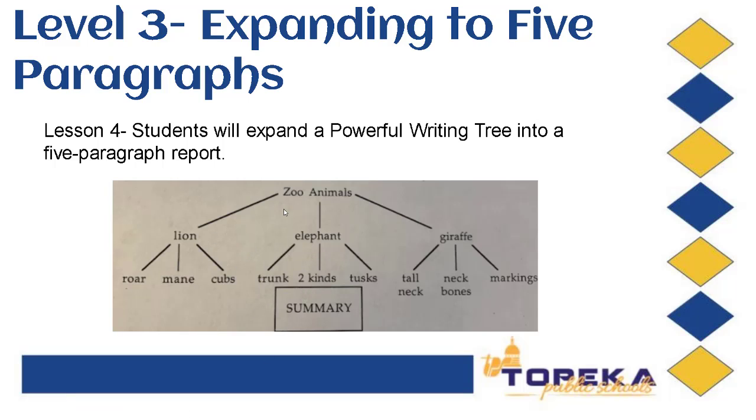You could start with lion and elephant and use those for paragraphs. So also think about the expectation of students. By 5th grade, we want them to be able to create a 5-paragraph paper. But if we start looking at doing these powerful writing trees at the younger grades, think about how we can build on that as students get older.